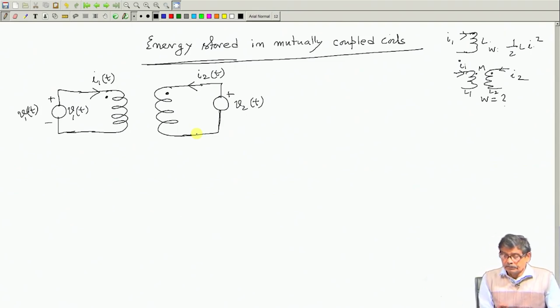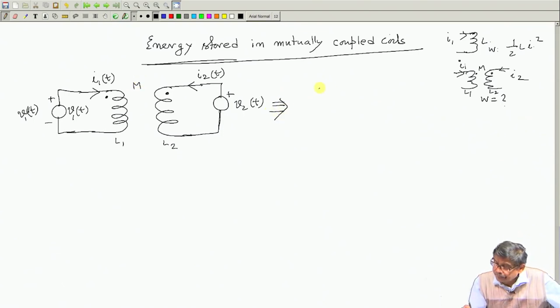Okay. So, this is L1, this is L2, and this is the mutual inductance between them, and this circuit is equivalent to V1(t) across which two sources are connected: one is L1 dI1/dt, and there is another source.